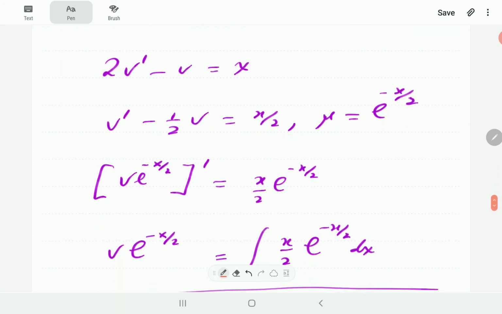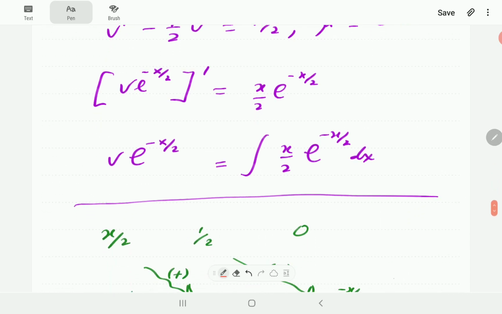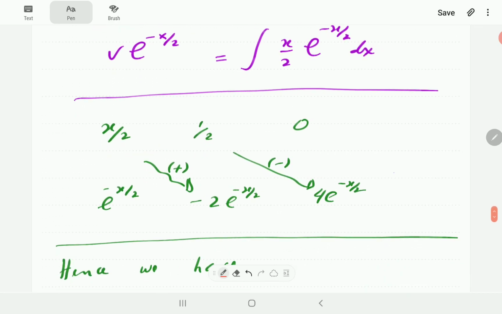So then if we multiply this by this here, we get v times the integrating factor, derivative of that, and then this side we're going to get x on 2 e to the minus x on 2. So if we integrate this side, we'll get just what is inside the square brackets, this one, integral of that, which we integrate using tabular integration here. So x on 2 we differentiate to 0, e to the minus x on 2 we integrate repeatedly, and then we match them like that.